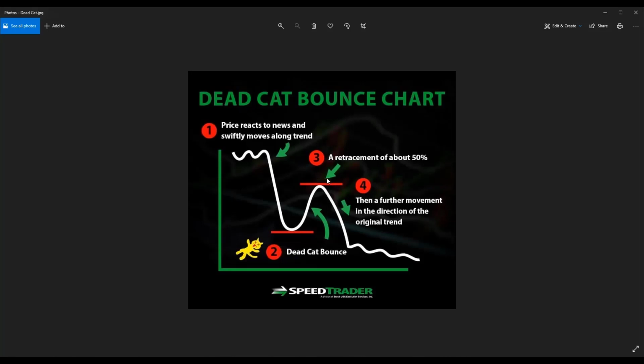But once the price hits down where it originally bounced off of, that's where we really have to watch it, because if it continues to fall beyond that point, this stock will most likely continue to downtrend the rest of the day or the majority of the day.